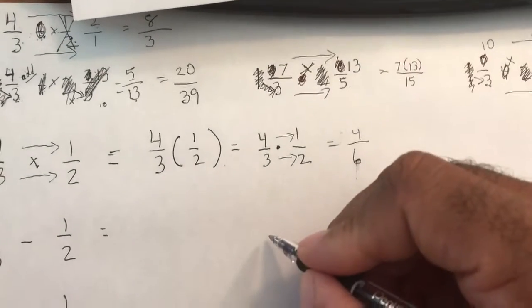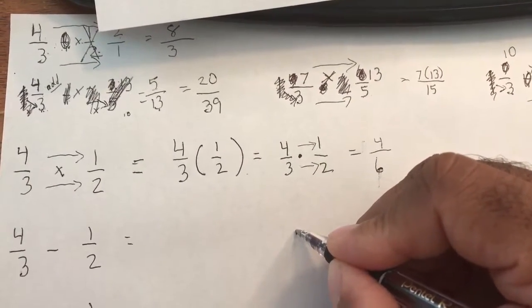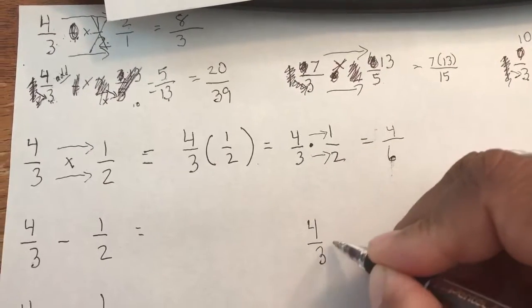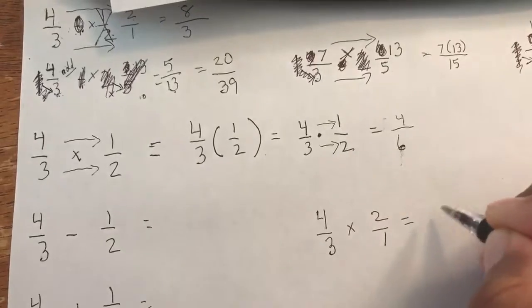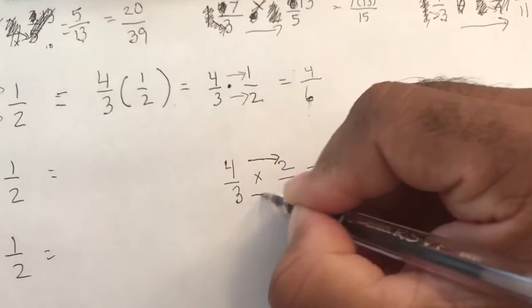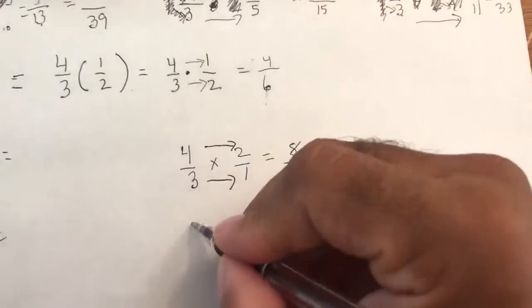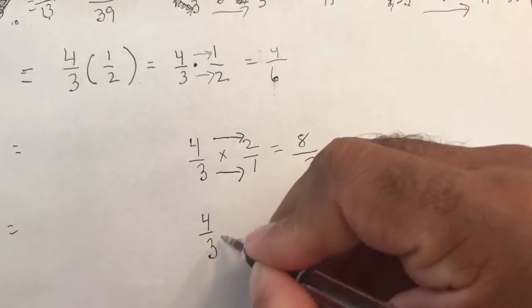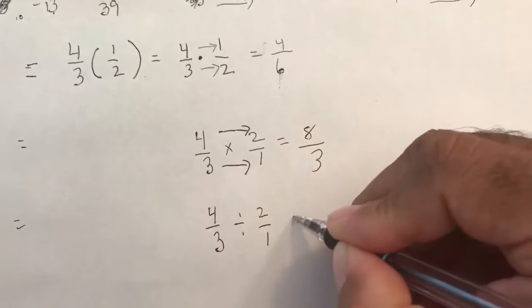So if we were to write this in the steps, right? We know to multiply two fractions we go across, right? We just multiply the numbers across. Simple. Now, if we see division, what's the pattern?